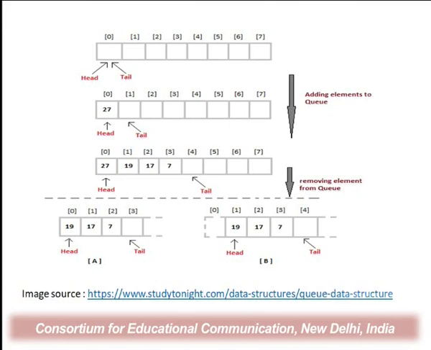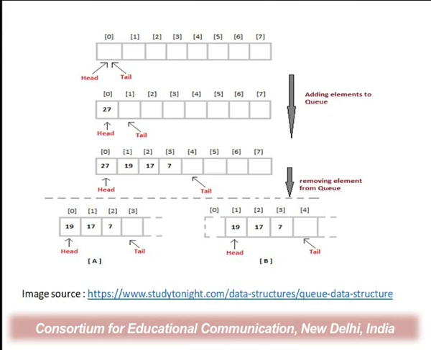So the first approach says you remove that element 27 and then 19, 17 and 7, all these elements will be forwarded by one position in the increasing direction of the queue. Or the second approach says you can just move the head pointer and you consider that particular place as blank.